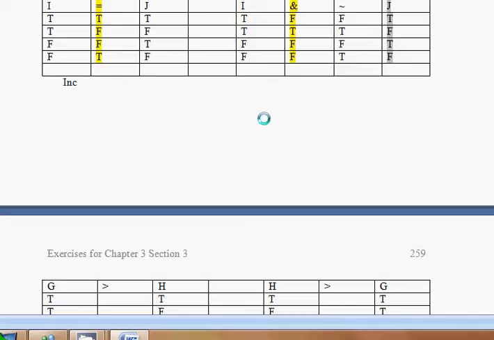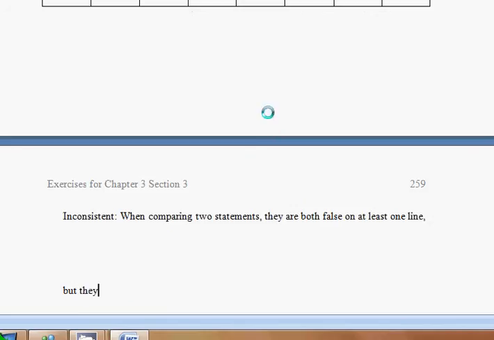So what we call this is inconsistent, which means that when comparing two statements, they are both false on at least one line, but there is no line in which they are both true, and they are not logically equivalent.